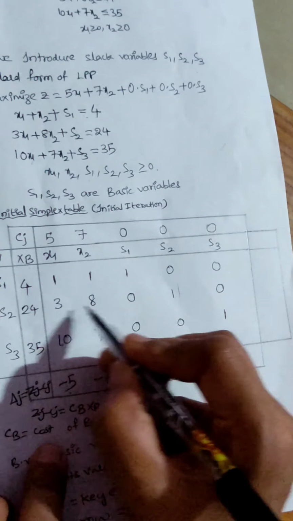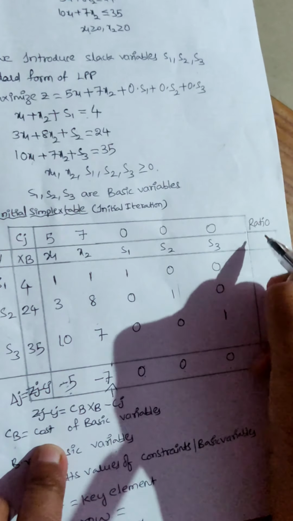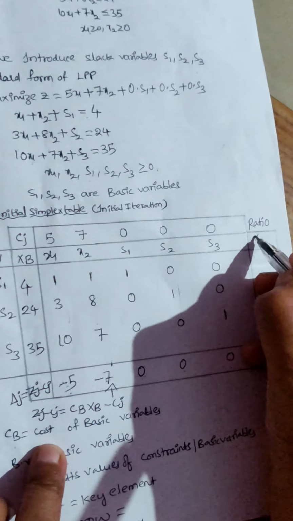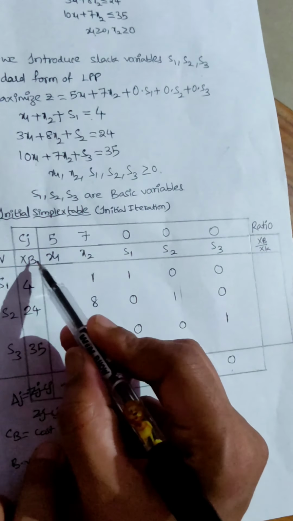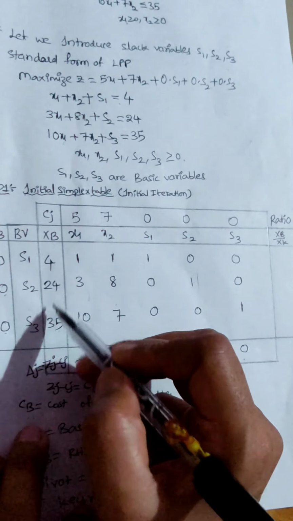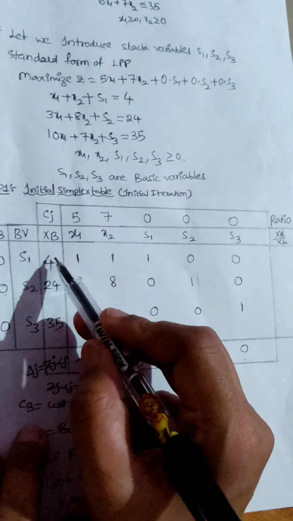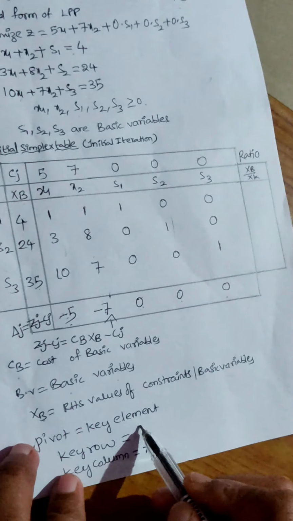To know the key row, we have to find the ratio. Ratio means xb by xk. Here xb means these 4, 24, 35 RHS values of the constraints. What is xk here? xk is the key column values.